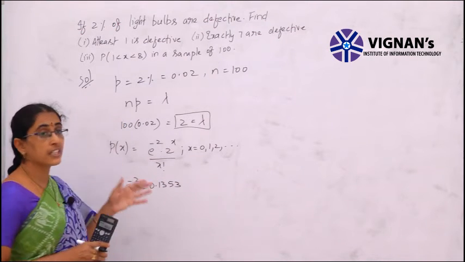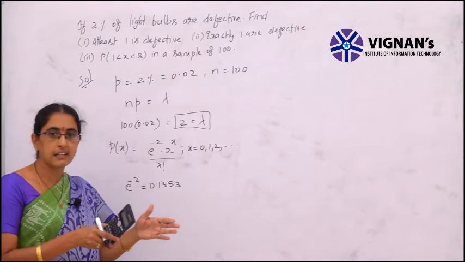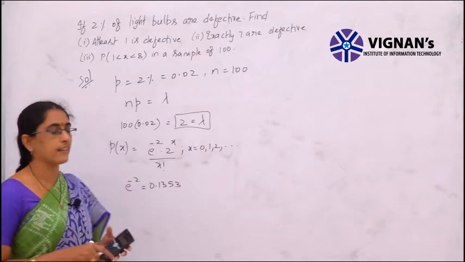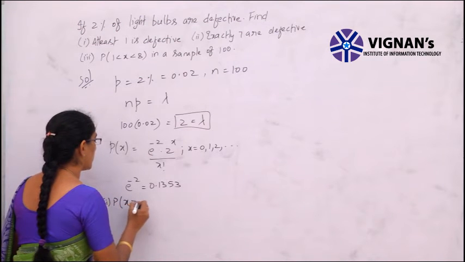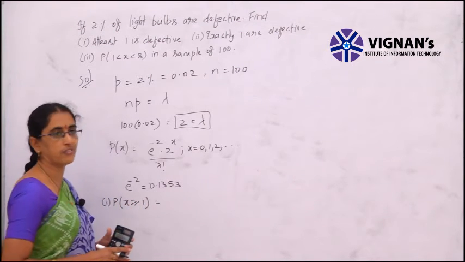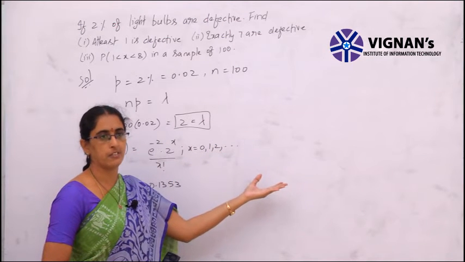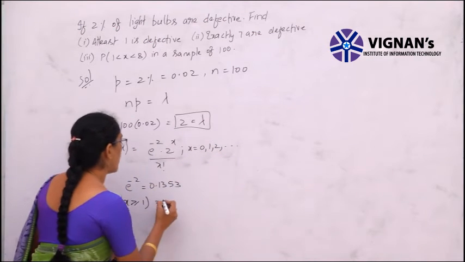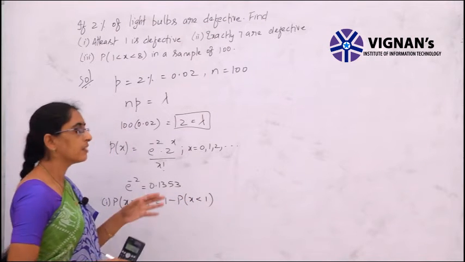Now, what is the first thing we have to find? At least 1 is defective. Means exactly 1 is defective or more than that. So, the first bit, probability of x greater than or equal to 1 we have to find. So, x equal to 1 and more than that means you can take any number till infinity. So, 1 minus probability of x less than 1 if you calculate, then it is enough.